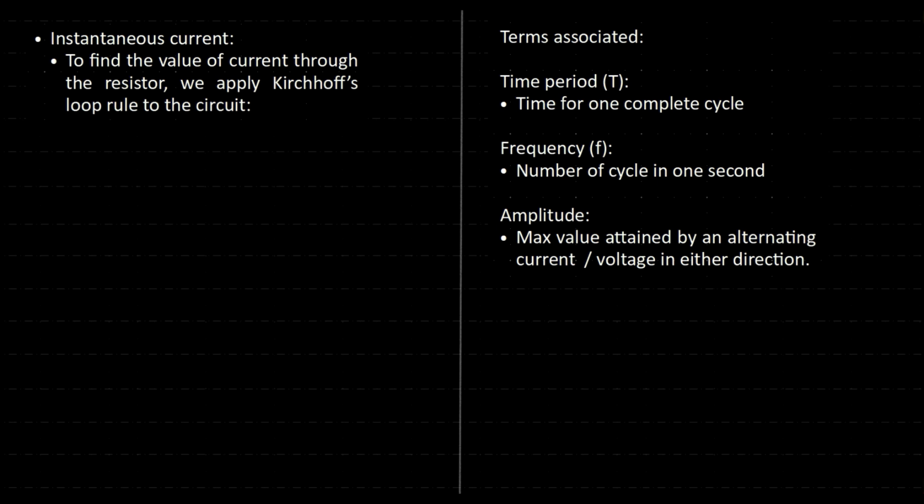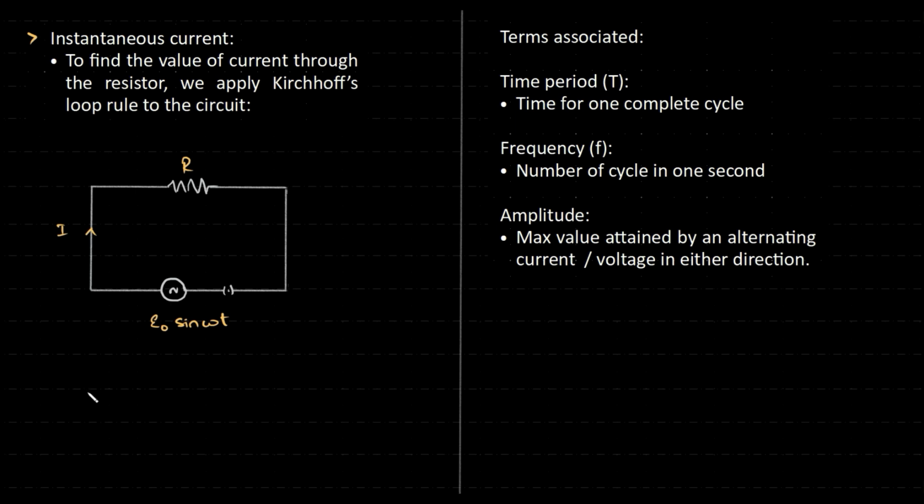For a circuit which has, say, a resistor, let me do a quick diagram. So we are looking at instantaneous current. So that's your E naught sine of omega t. That's your resistance and current. So as per Kirchhoff's law, what will you end up with?